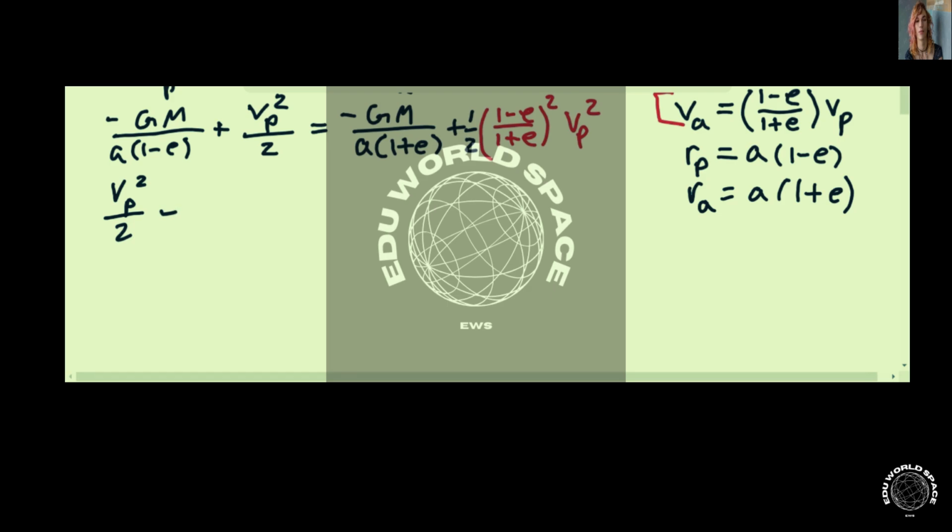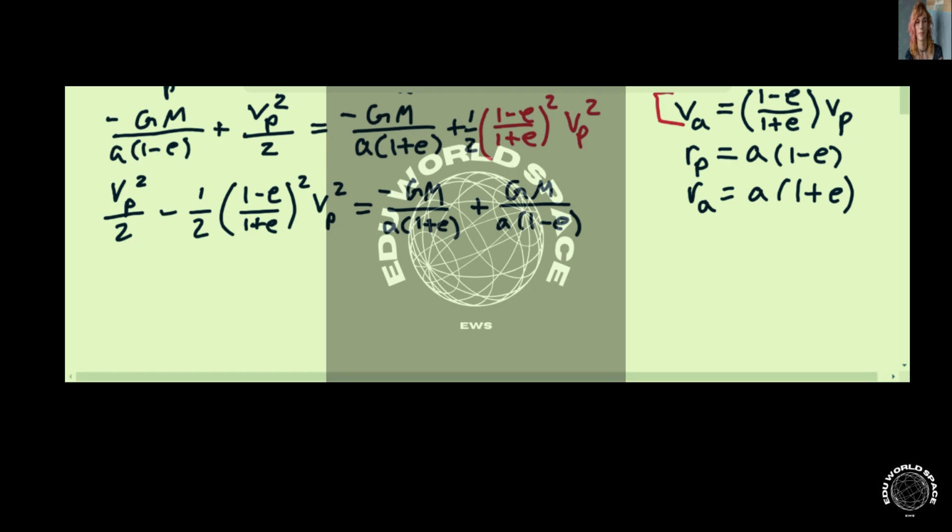So minus 1/2 times ((1 minus E) over (1 plus E)) all squared, VP squared, equals, my original term on the right was negative GM over A times (1 plus E). And then the similar term with the 1 minus E that was originally on the left side of the equation, I'm now adding over to the right side of the equation. So now it's positive GM over A times (1 minus E).